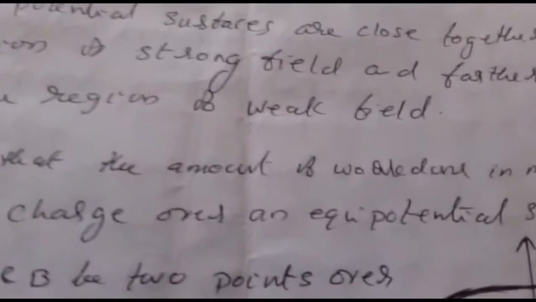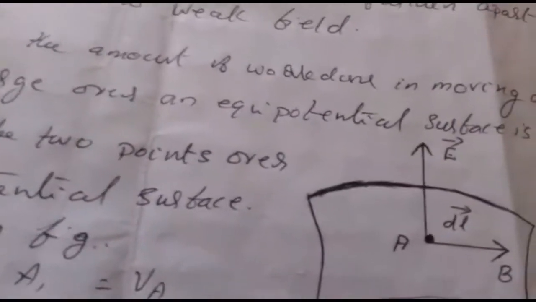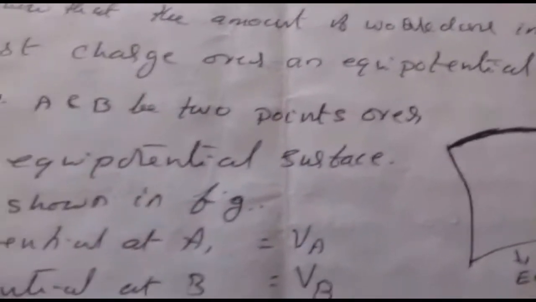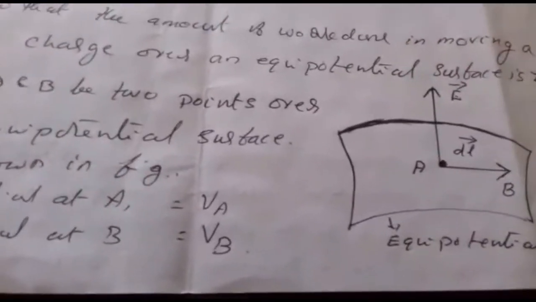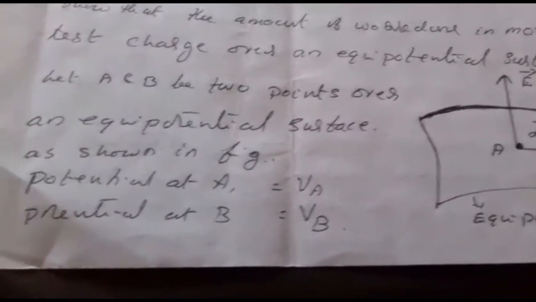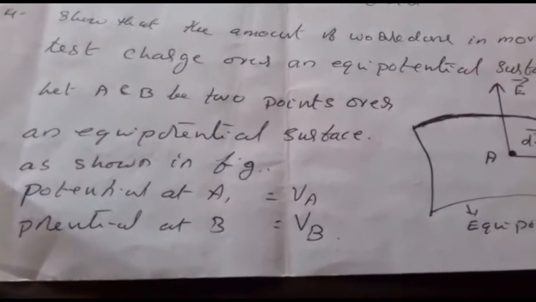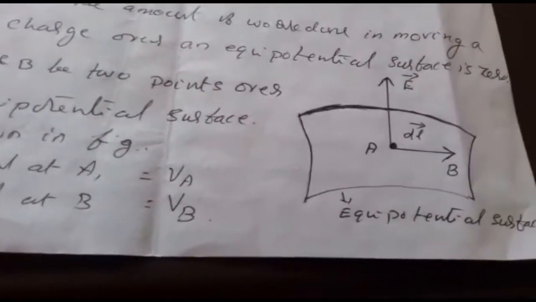Show that the amount of work done in moving a test charge over an equipotential surface is 0. Look at the diagram. Let A and B be 2 points over an equipotential surface.